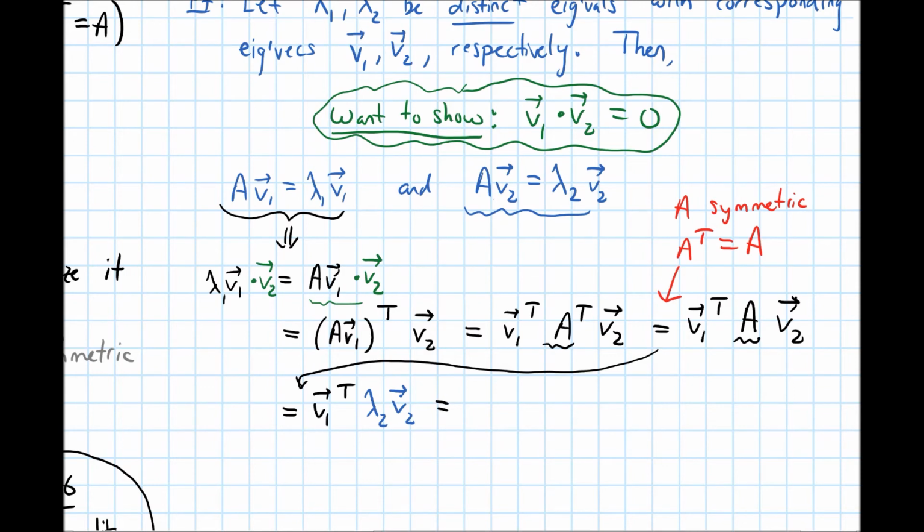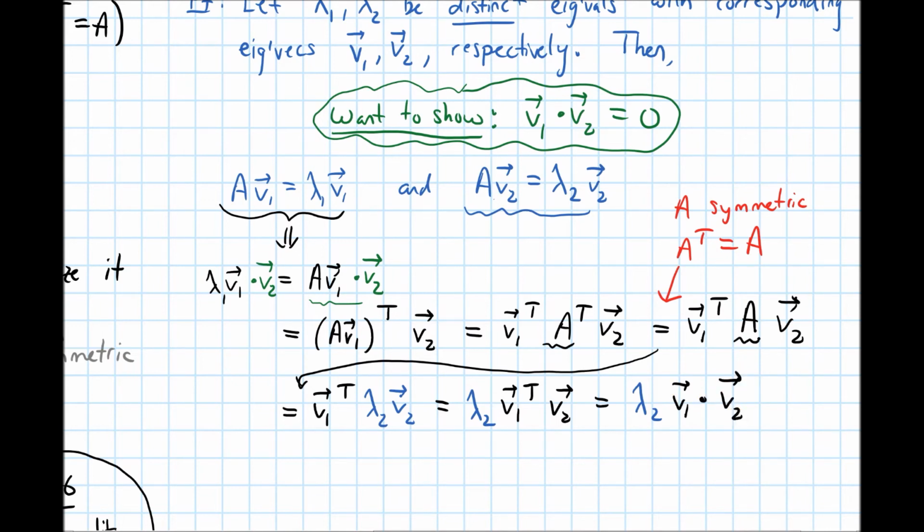And now lambda 2 is a scalar, so we can move that to the front. So we have lambda 2 in the front times v1 transpose times v2. And v1 transpose times v2, that is a dot product. So we have the lambda 2 in front, and this is the same thing as v1 dotted with v2.